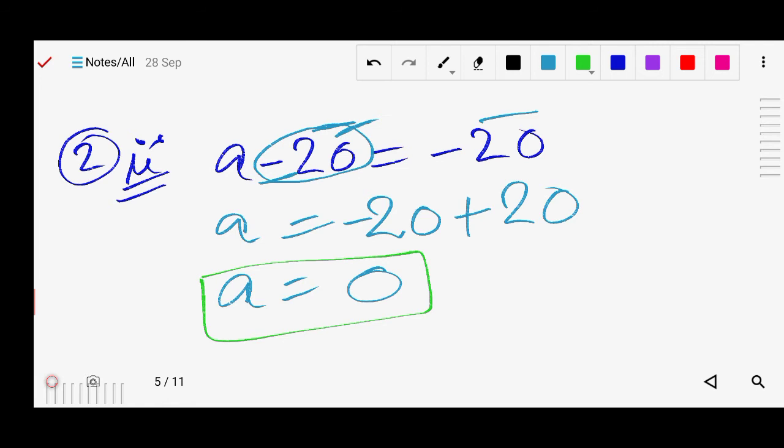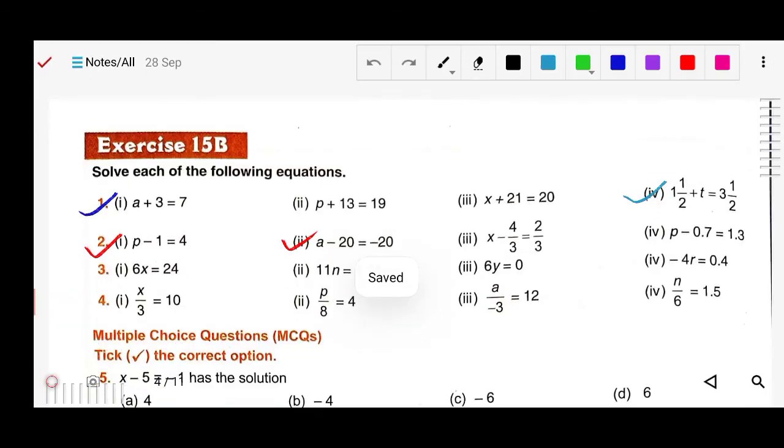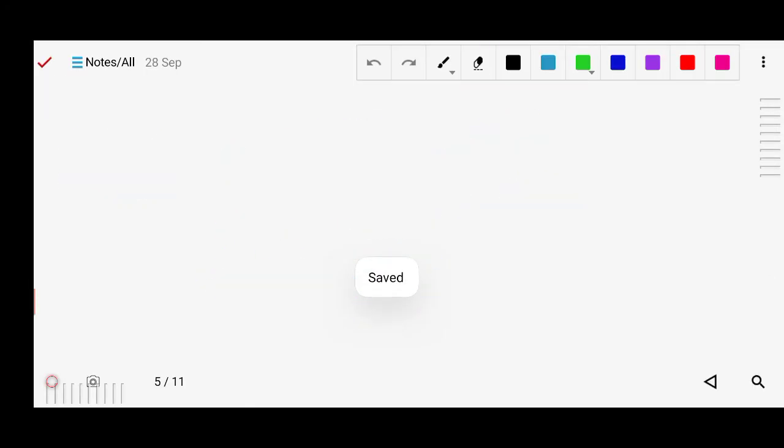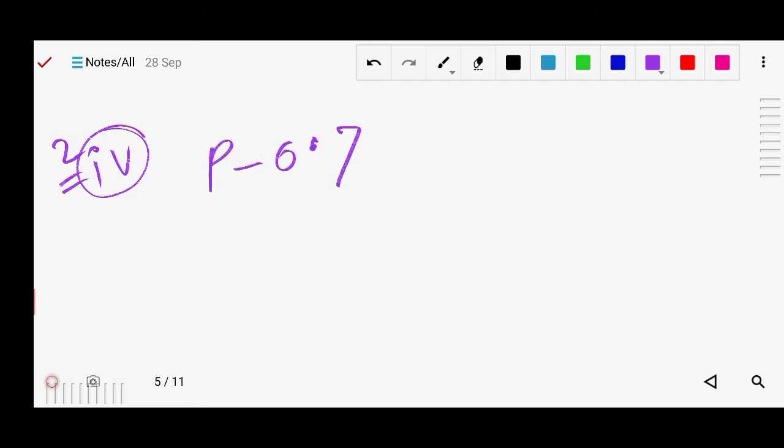Okay, now next question. Here I am going to solve number 4, p minus 0.7 equals 1.3.